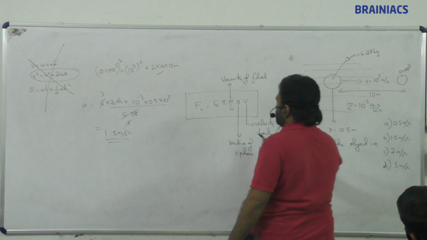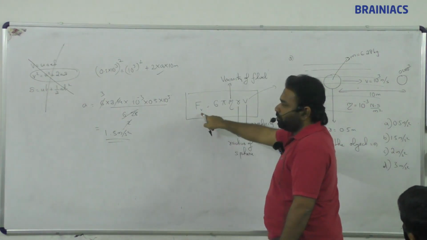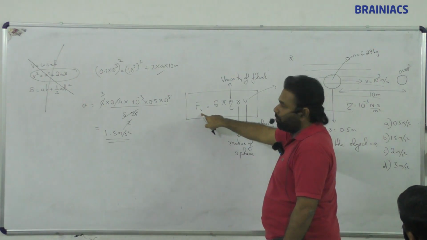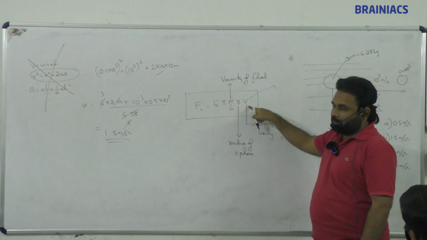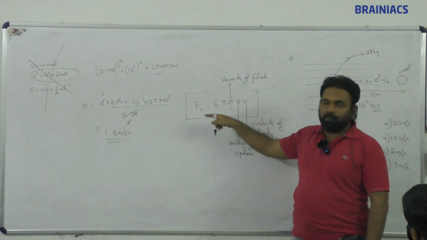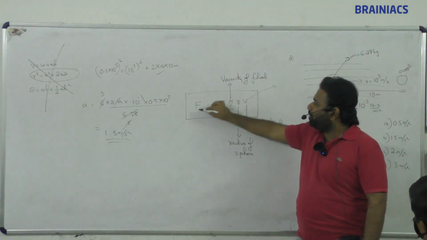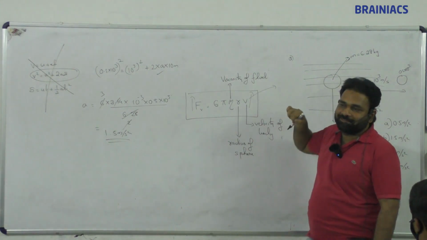See, where is the force? Force is there. Force is equal to 6 pi eta r v. So there is ego between these two. When force increases, velocity will increase.